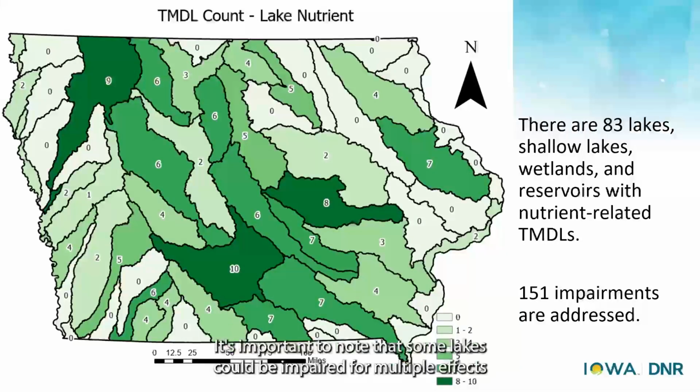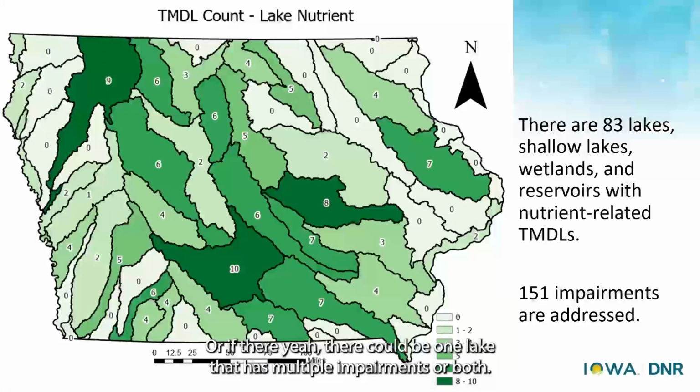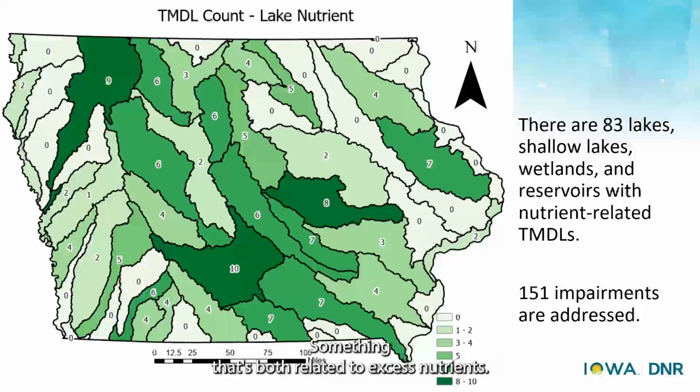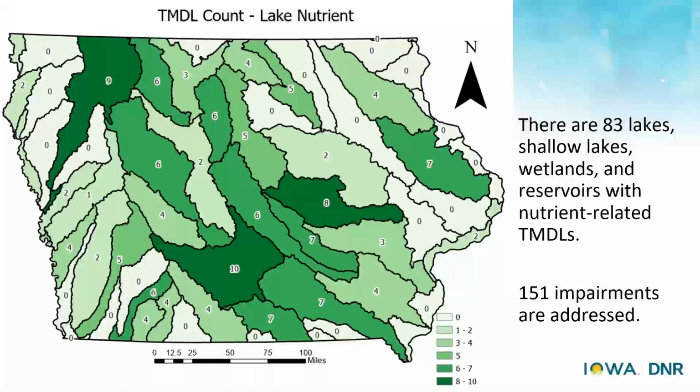It's important to note that some lakes could be impaired for multiple effects of excess nutrients. So for instance, a lake could be impaired for both DO and algae, or there could be one lake that has multiple impairments that are both related to excess nutrients. So among these 83 TMDLs, a total of 151 impairments have been addressed. Next slide, please.